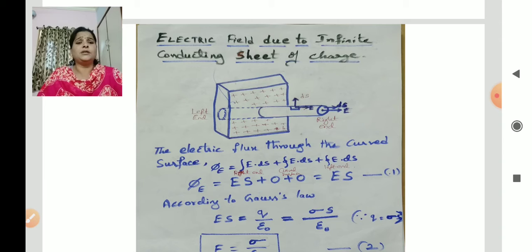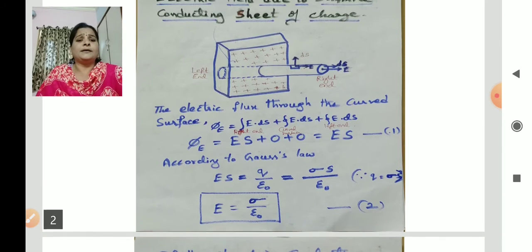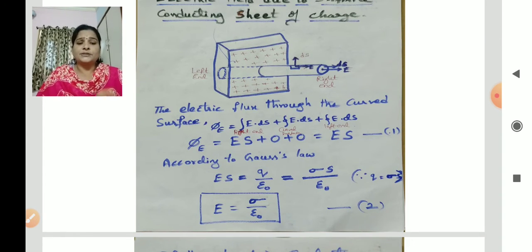Now according to Gauss law, the total electric flux through any Gaussian surface is always equal to 1 by epsilon naught times the charge enclosed by the surface. Therefore it is Q by epsilon naught. Again, we have discussed that if sigma is the surface charge density, then sigma is equal to Q by S, where Q is the total charge and S is the surface area where the charge is accumulated.